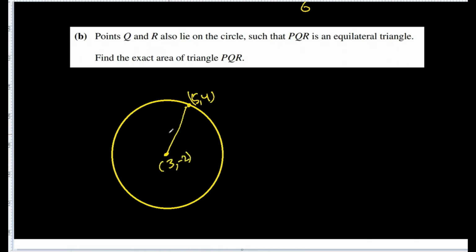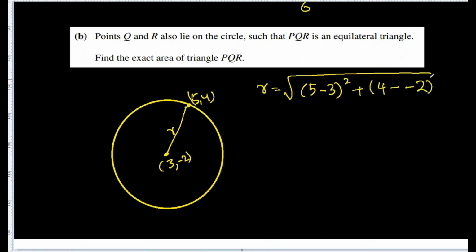Since we know both the points now, we can find the radius by distance formula, which is square root of x2 minus x1 squared plus y2 minus y1 squared. So 5 minus 3 is 2 squared, 4. 4 plus 2, 6 squared, 36. Equal to square root 40. The radius is square root 40. So the second radius, which is going towards this direction, will be square root 40.